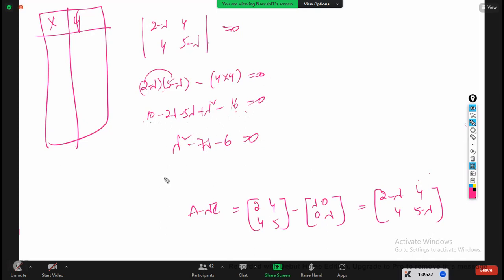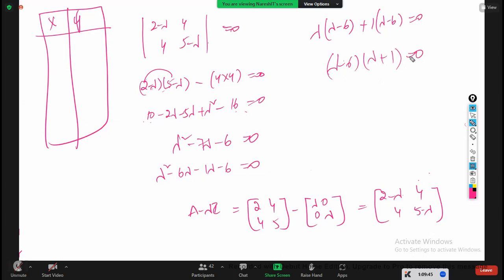That is lambda square minus 6 lambda minus 1 lambda minus 6 is equal to 0. If you take lambda as the common factor, lambda minus 6, and if you take plus 1 as the common factor, you are going to get lambda minus 6 into lambda plus 1 is equal to 0.